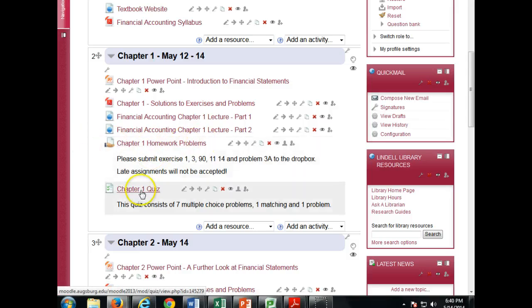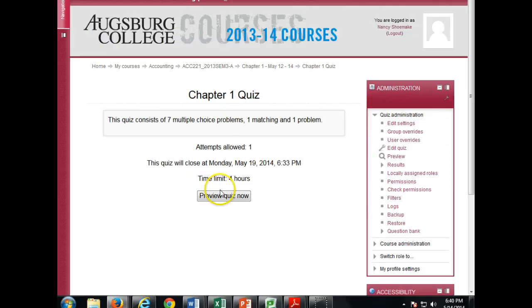So just so I make it clear, you're going to submit the homework, and then to take the quiz, you can click on this quiz button, and you've got 4 hours. And it's 7 multiple choice, just like what we talked about in class. What is an asset? What's the accounting equation? When would you have net income? Is it when revenues exceed expenses or when expenses exceed revenues?